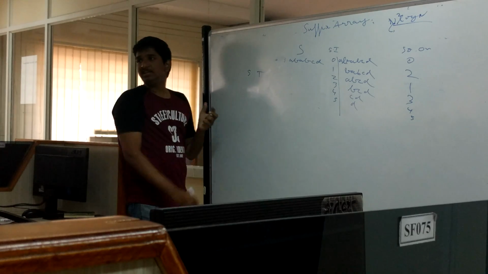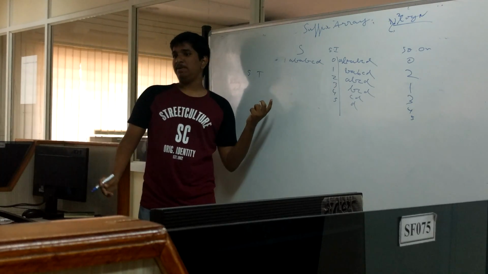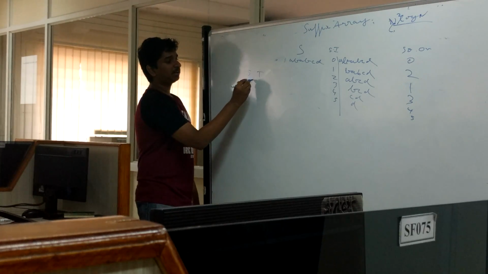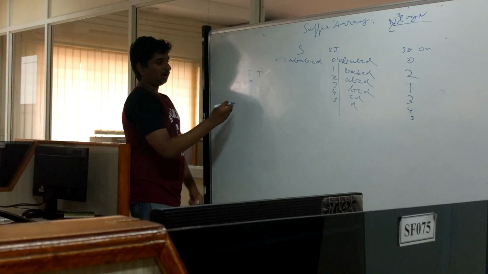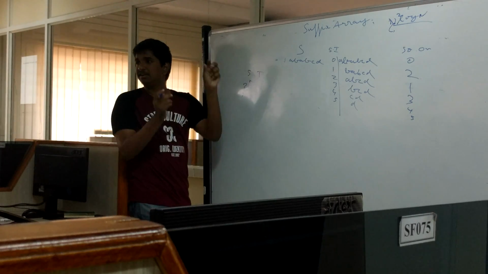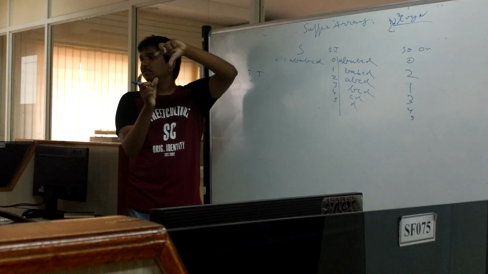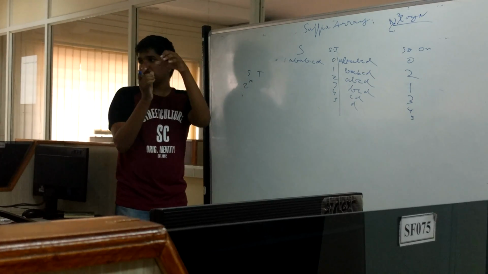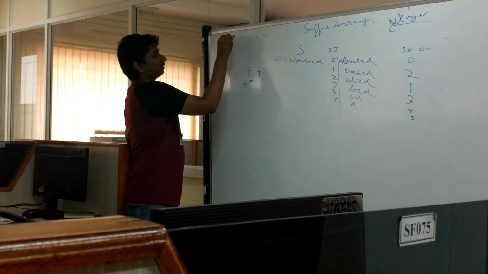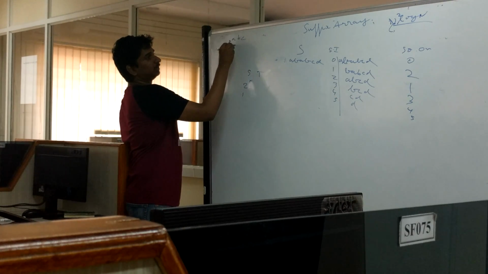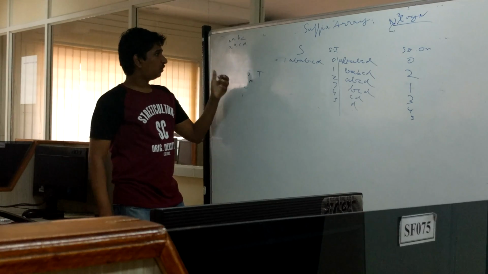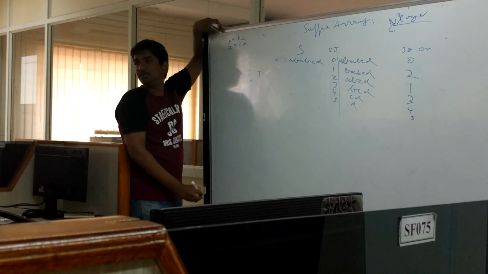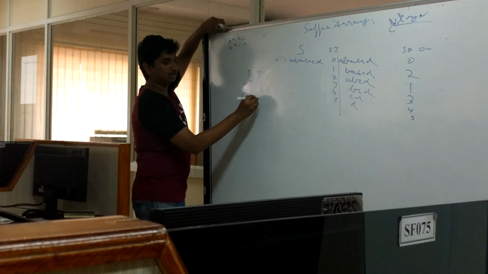Given two strings S and T, I want to compare them only based on the first 2 power k characters. So first I check the first character. If they are not equal, I can know the order from there itself. But assume the first character is equal, like ABC and ACD. First I compare the first character alone. They are the same, so I can't say anything.